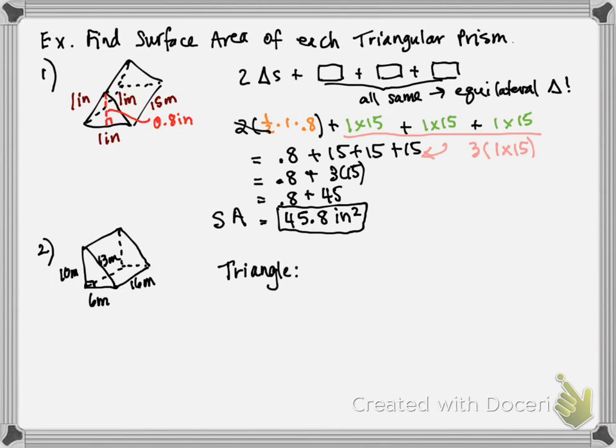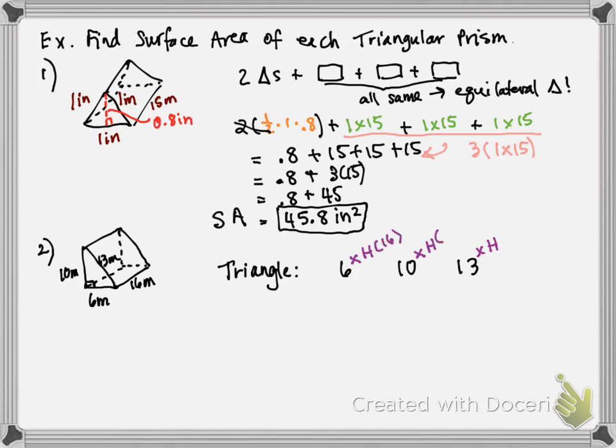So the dimensions of my triangle were a 6 by 10 by 13. Okay. So what I'm going to do is for each one of them, I'm going to multiply by height of the prism. That's your number 16.